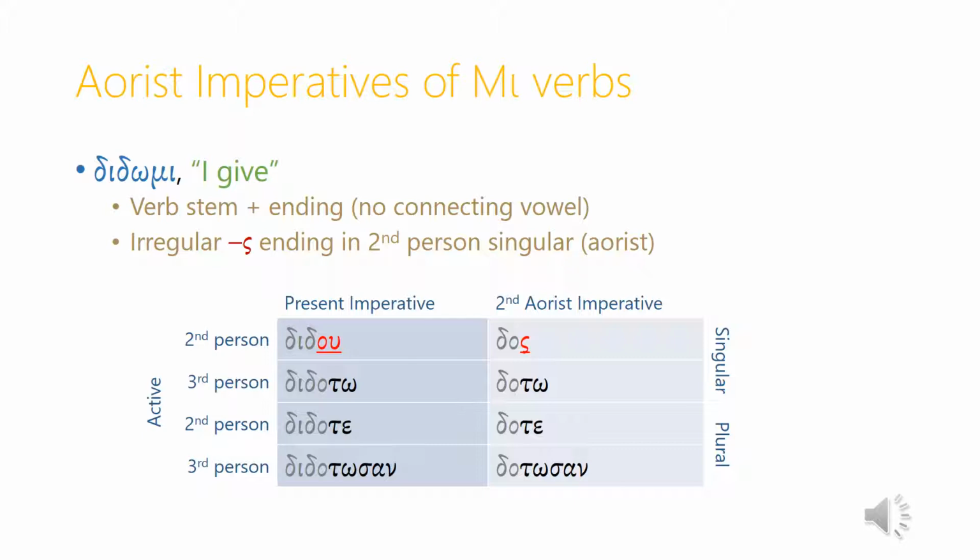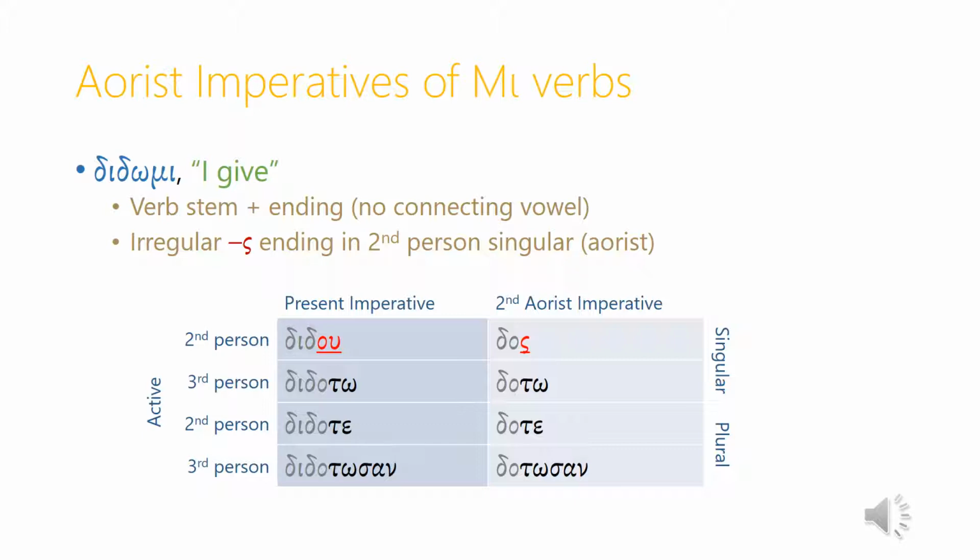If we look at the same patterns in the second aorist imperative, we notice, first of all, that the stem has changed to the aorist stem. That's not surprising. So the real stem of didomi is the stem we use in the aorist, and it's do instead of dido. And in the second person singular, we just have this irregular sigma ending. So the second person singular aorist imperative is dos, give.